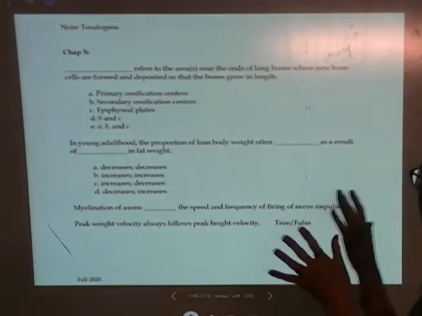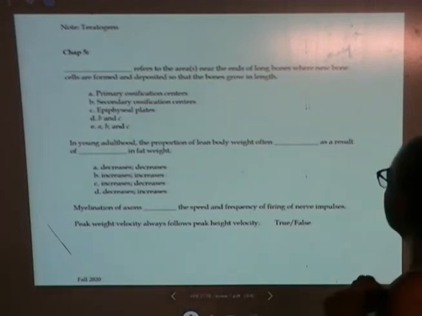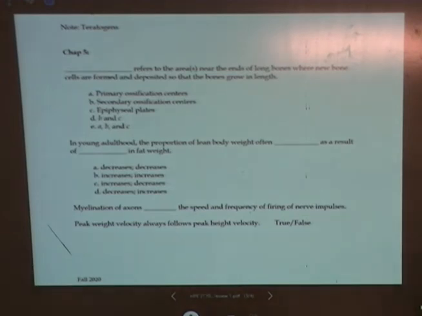Okay, so blank refers to the area near the ends of long bones where new bone cells are formed and deposited so that bones can grow in length. A, primary ossification centers. B, secondary ossification centers. C, epiphyseal plates.